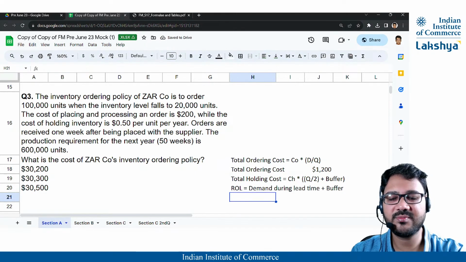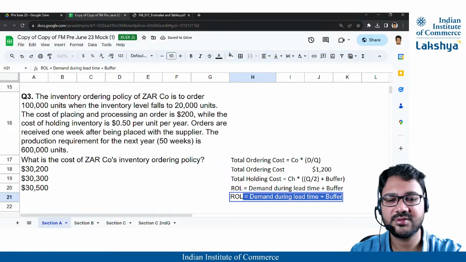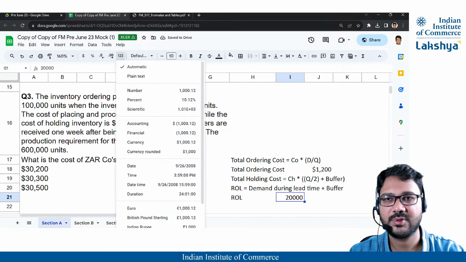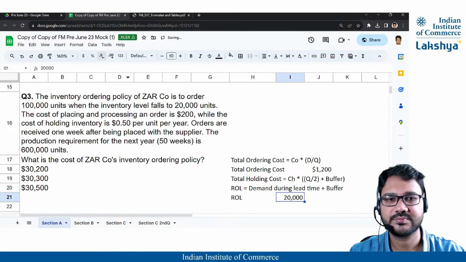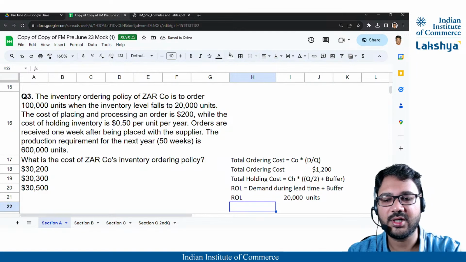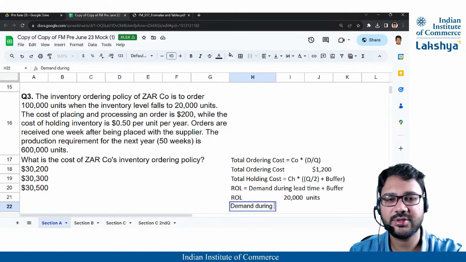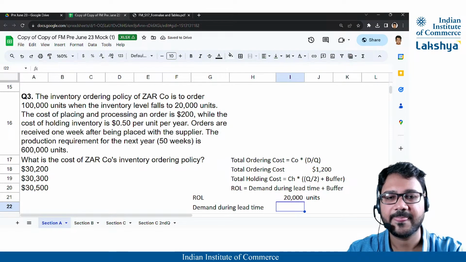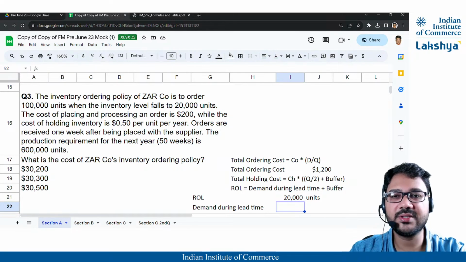Now we know our reorder level is 20,000 units. What is our lead time? Our lead time is 1 week.